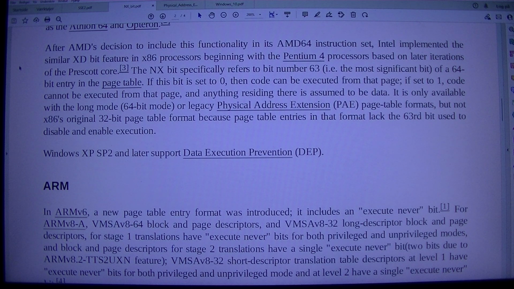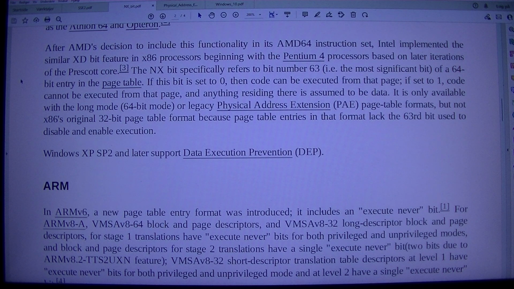The NX bit specifically refers to bit number 63, i.e. the most significant bit, of a 64-bit entry in the page table. If this bit is set to 0, then code can be executed from that page. If set to 1, code cannot be executed from that page, and anything residing there is assumed to be data.